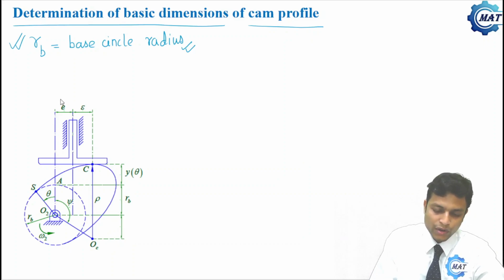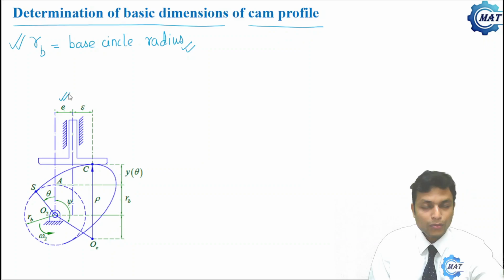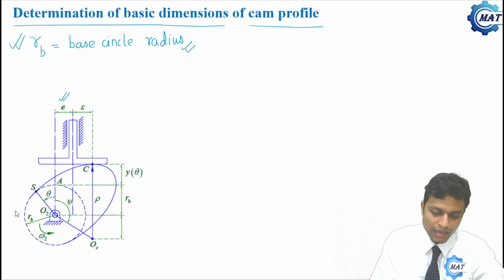We have to determine also the value of offset. Offset is desirable to us. When the cam is rotating in counterclockwise direction, that is in this direction, then the offset from the cam center in the right hand direction is considered as positive.